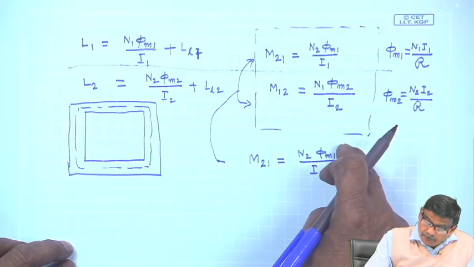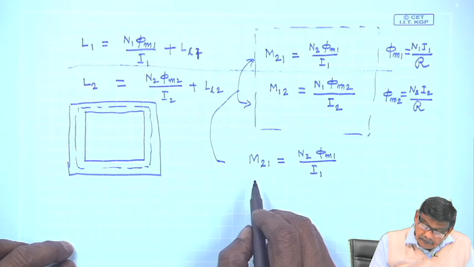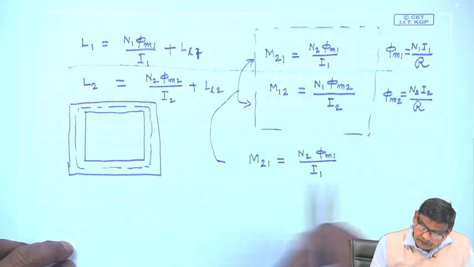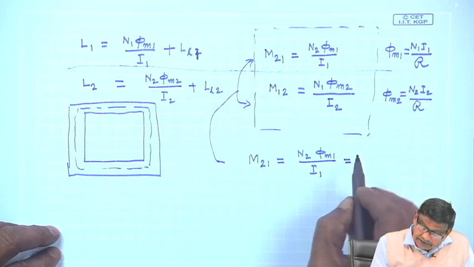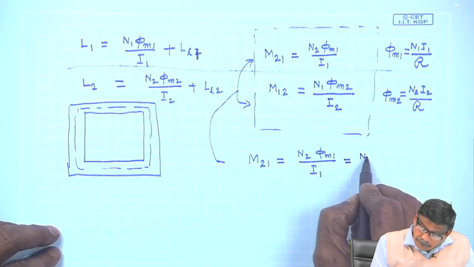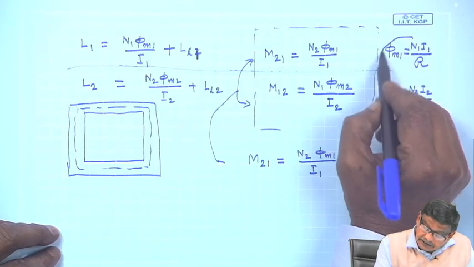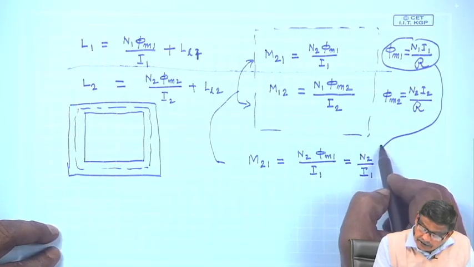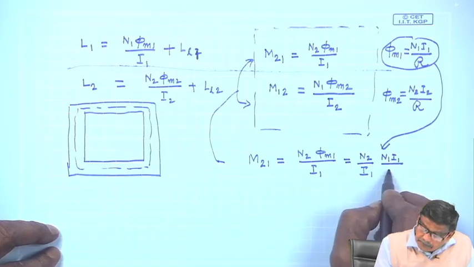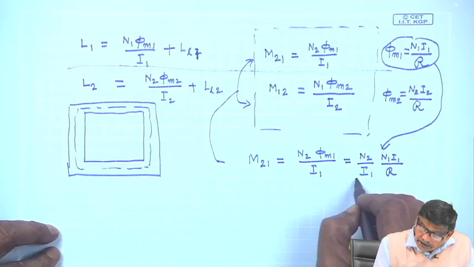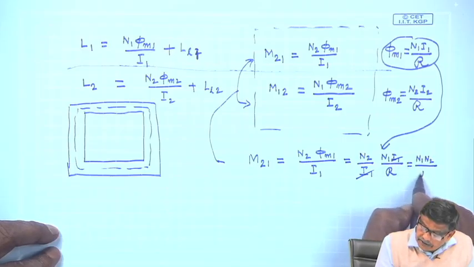I can write it as N 2 by I 1 and phi m 1; from this I will plug in phi m 1 here. N 2 by I 1 times N 1 I 1 by reluctance, where I 1 cancels, and it is nothing but N 1 N 2 by reluctance.